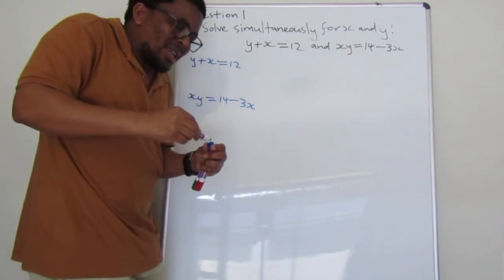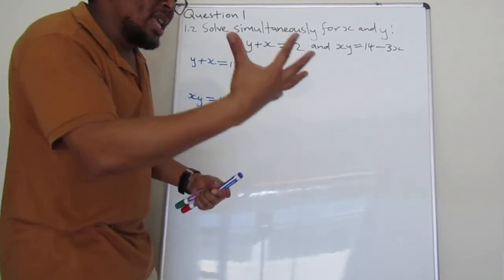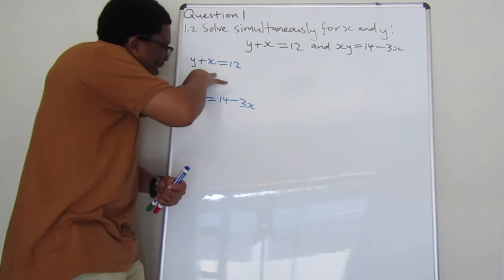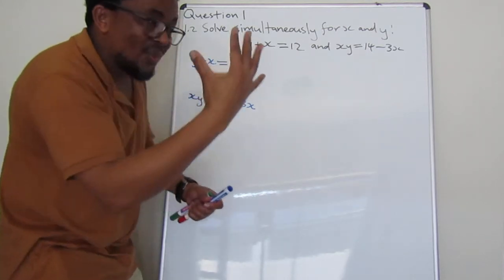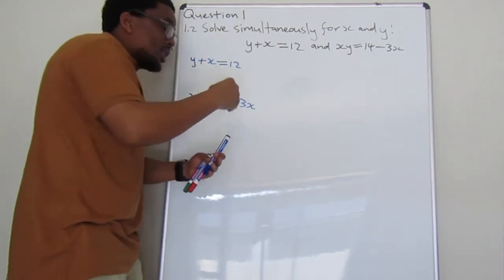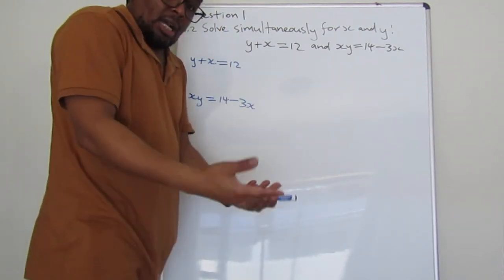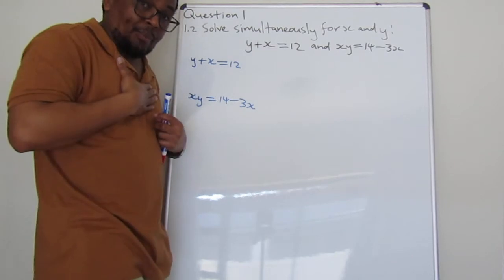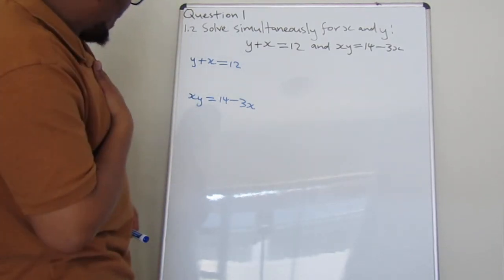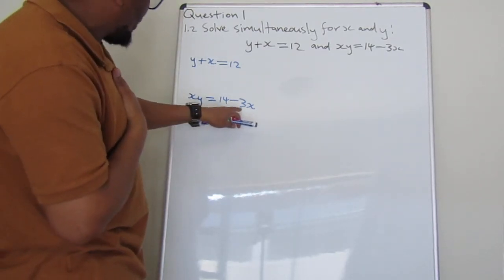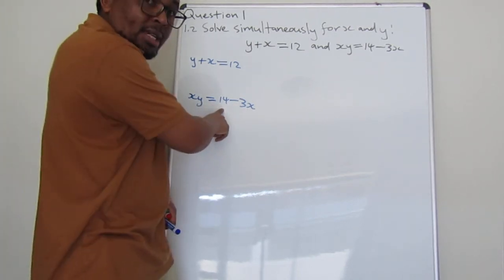Now, I look at the two equations. Then I ask myself a question: which equation looks easier, looks simple for me? I look at this one, xy equals 14 minus 3x, and it looks complicated.